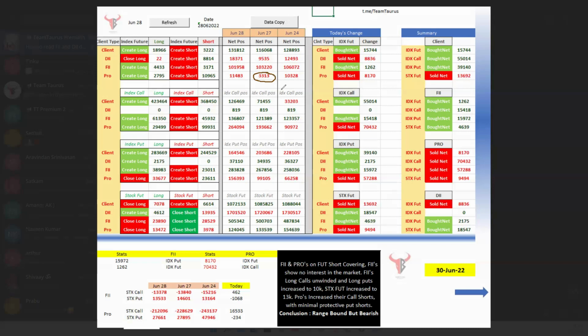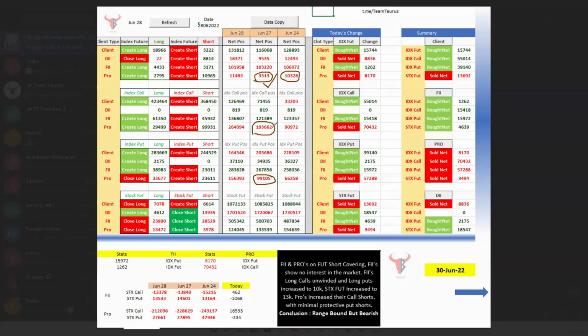Now coming to pros. Pros are none other than our brokers. On 27th, we saw FIIs are bearish, so let's see about pros. For pros, they have reduced their short position in futures. They bought back whatever they had sold on 24th, and on 27th they only have 3K futures short. But if you see, they are selling 193K calls. At the same time, they are selling 99K puts.